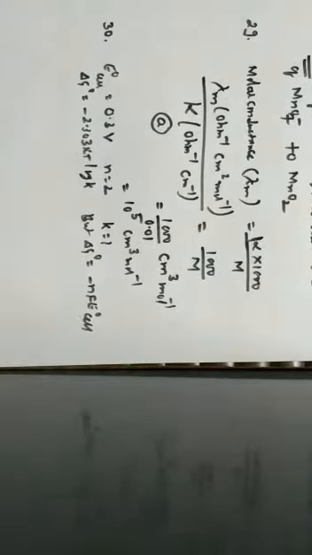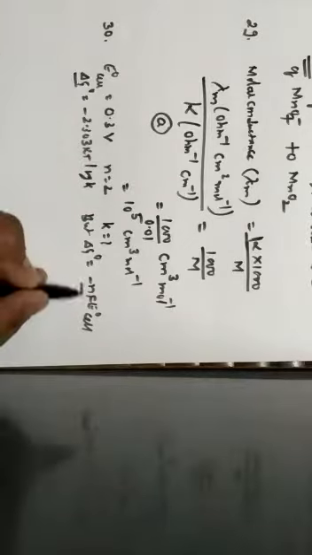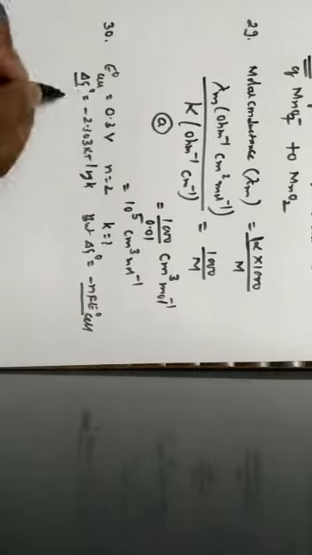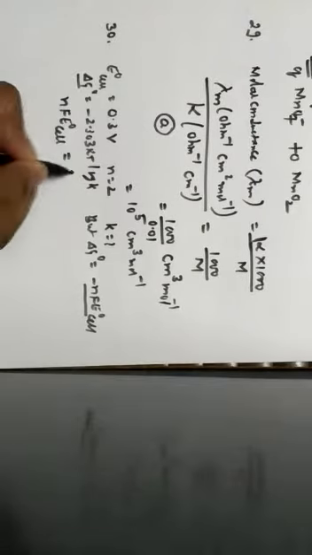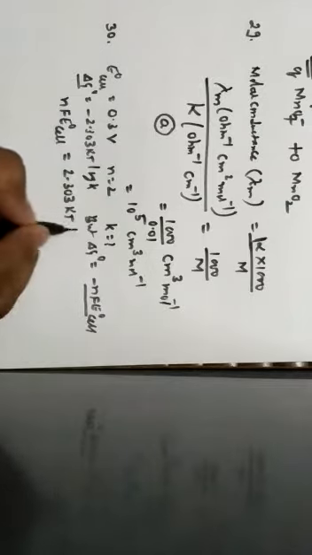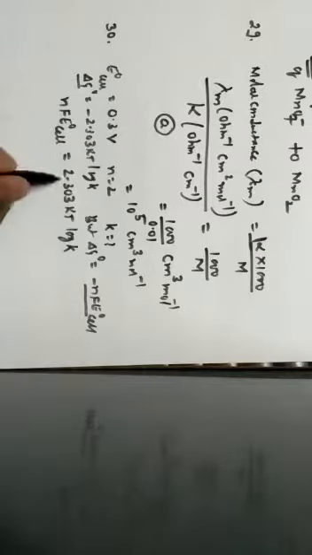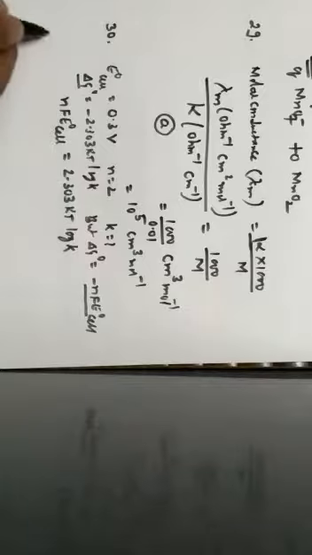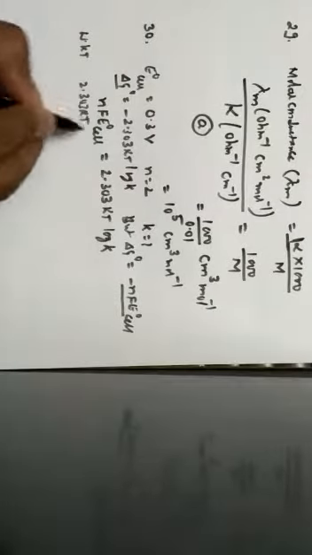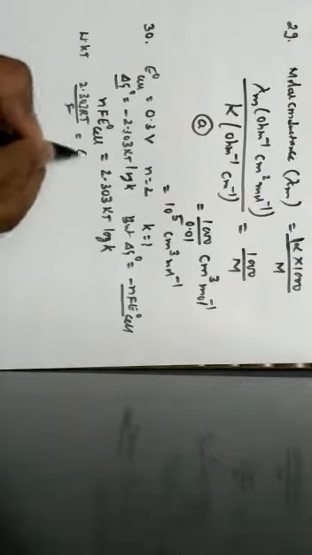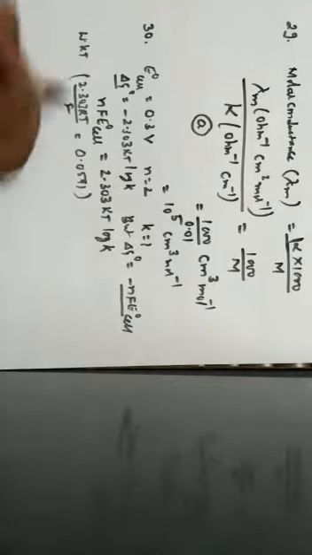So if I equate both the equations, on replacing delta G0 by minus nF E0 of cell, both sides minus gets cancelled. I can write it as nF E naught of a cell is equal to 2.303 RT into log K. We know that already we have studied that 2.303 RT divided by F is equal to 0.0591.